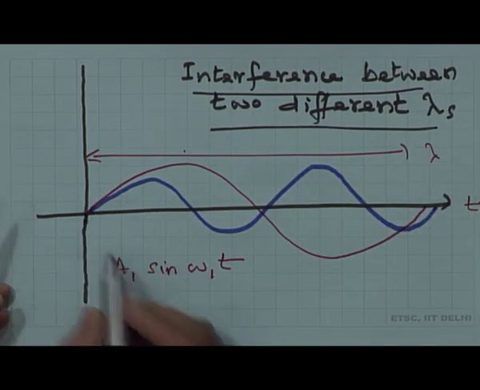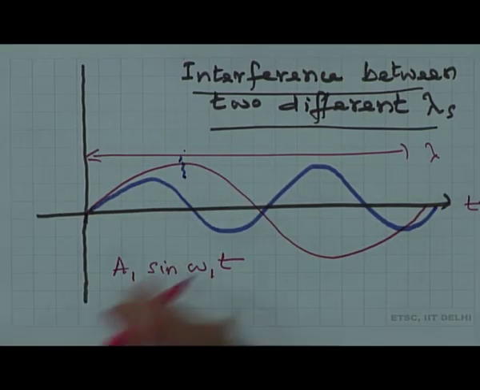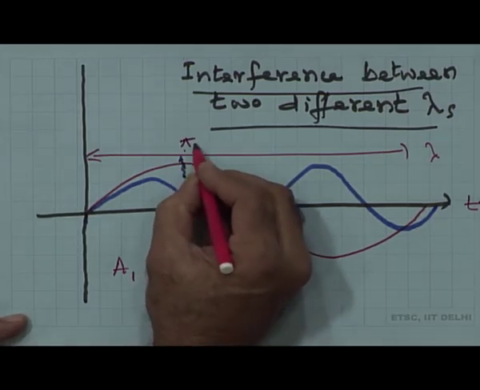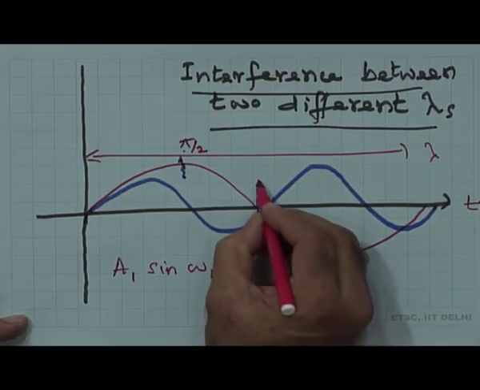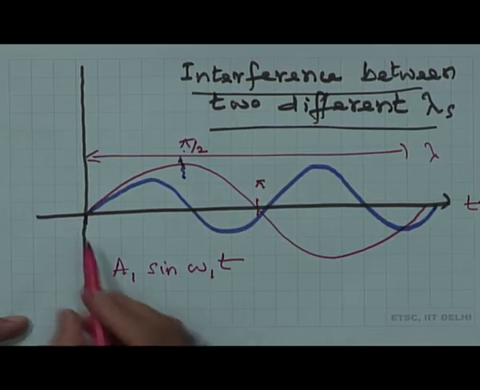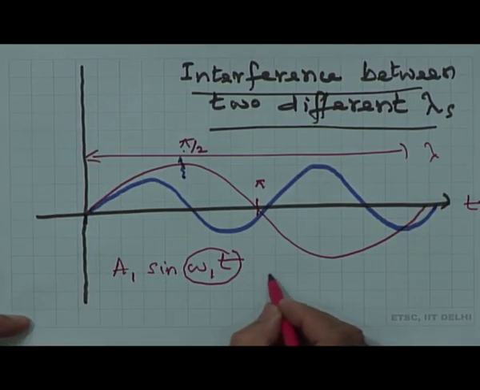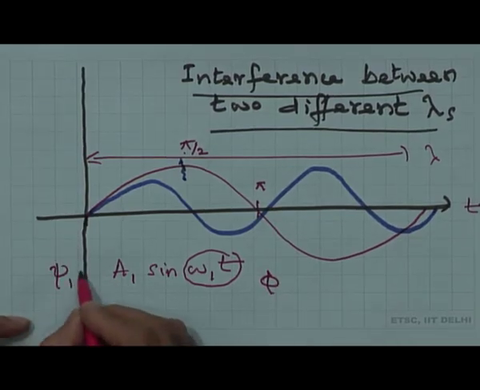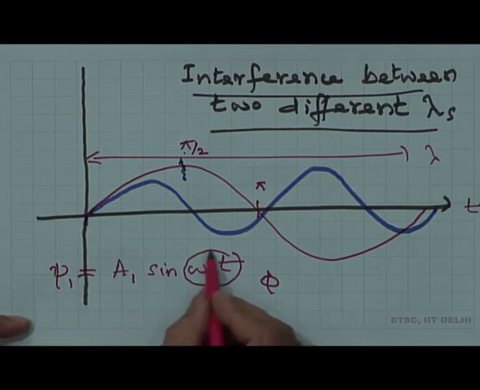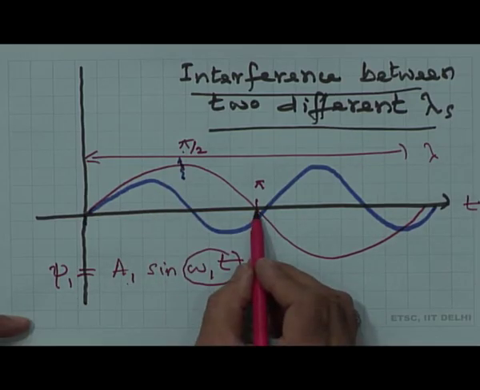If the phase here is 0, then the red maxima here corresponds to a phase of pi by 2, and the 0 here corresponds to a phase of pi, because omega t is the phase phi. When phi is equal to 0, the total amplitude psi 1 is equal to 0, and when phi is equal to pi by 2, the amplitude is maximum A1, the displacement psi is maximum, again at pi it is 0, and so on.